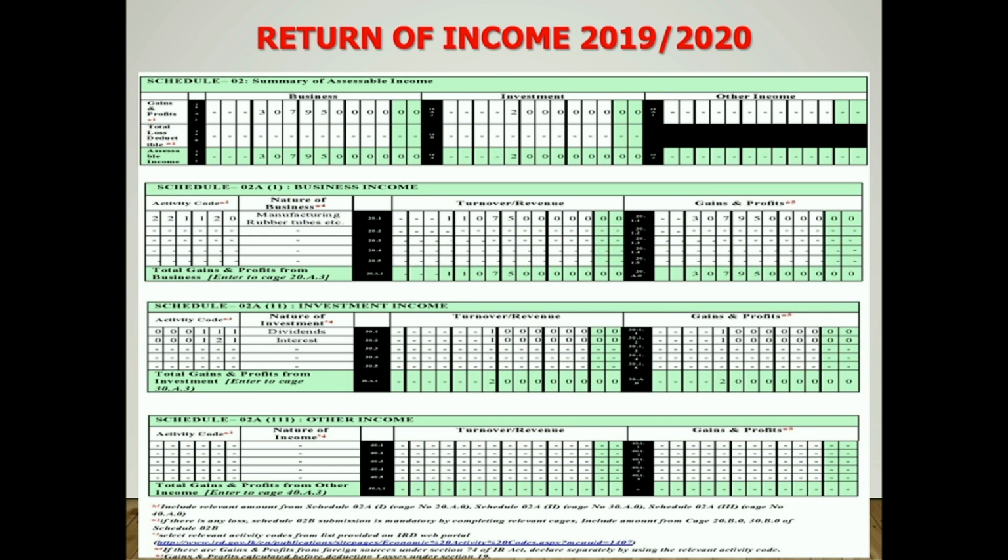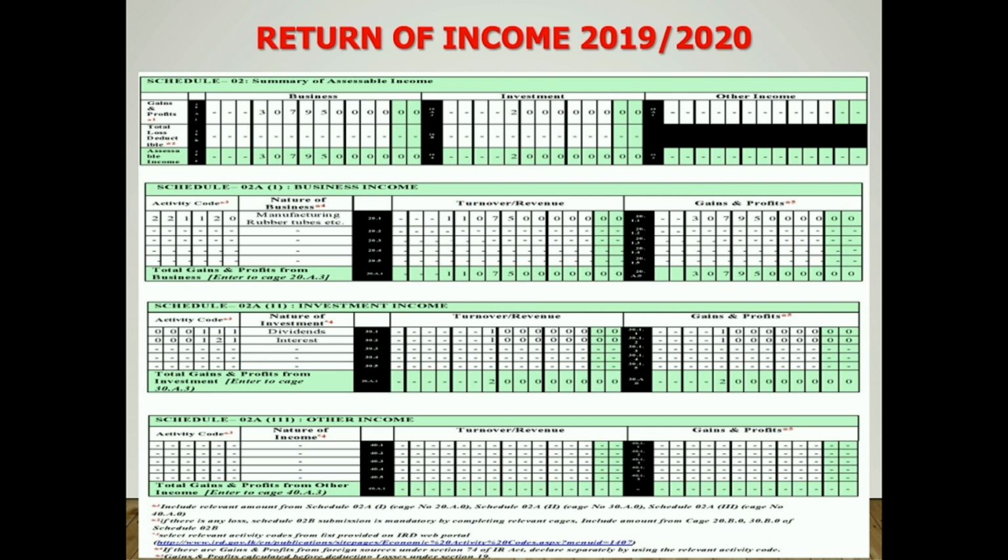Then totals of each subschedule should be entered in main Schedule 2, that is summary of assessable income. In my example, I have business income and investment income. So I have entered those totals in the relevant cage of Schedule 2.